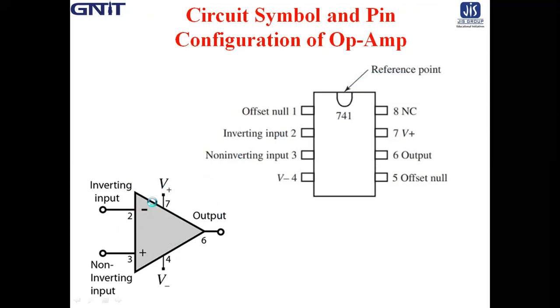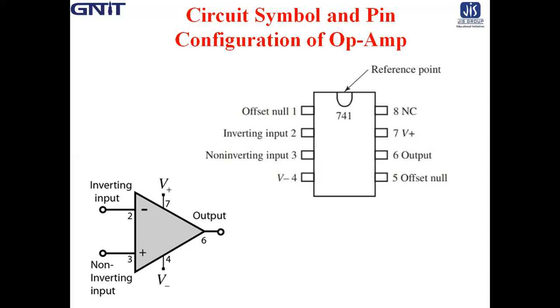In the symbol, see the two input terminals are present. Pin number 2 or minus terminal is called the inverting input terminal, which is labeled as minus, which signifies that a signal applied at this terminal appears with reverse polarity at the output.